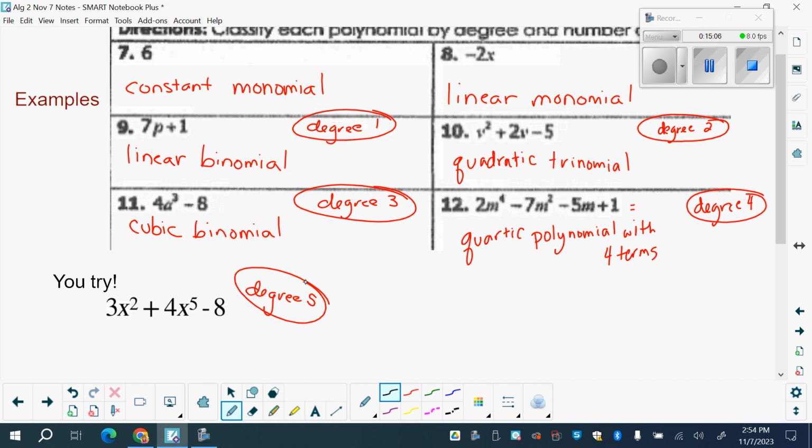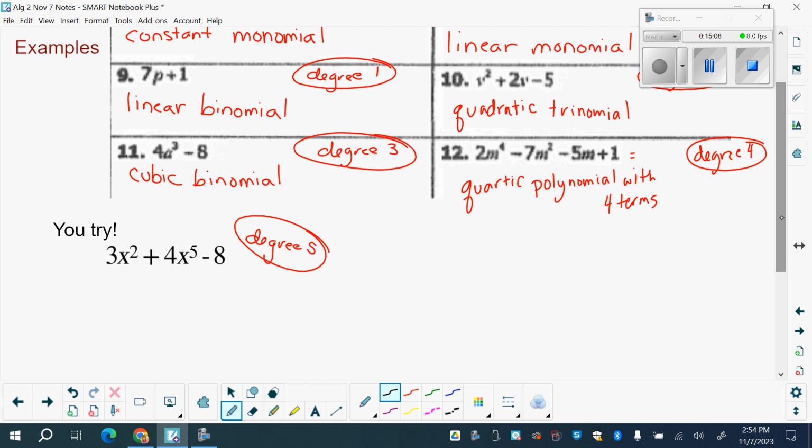Quintic. Quintic what? Trinomial. We don't use the words quartic and quintic a lot. Questions on this before we move on to the last example, which is what most of the homework will be on, the last example.